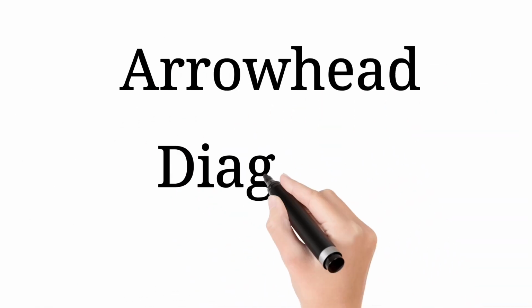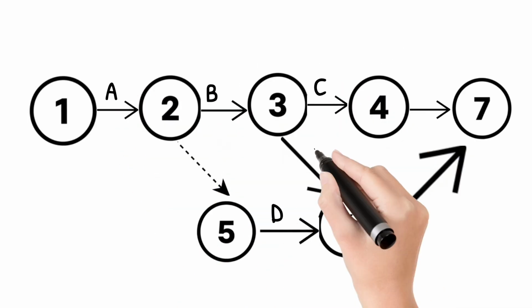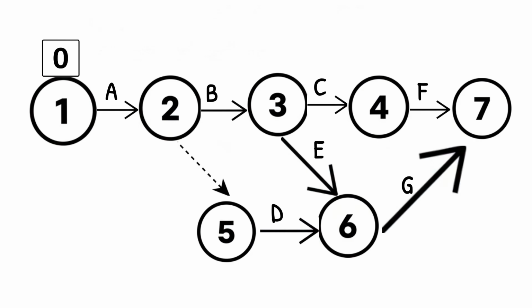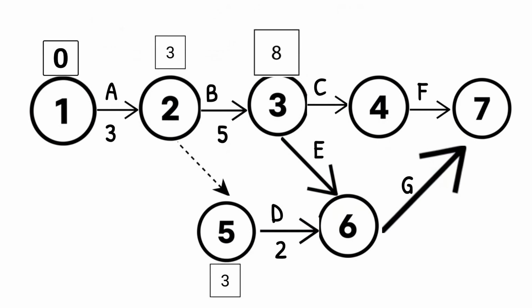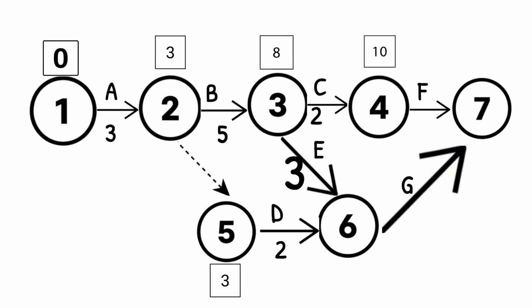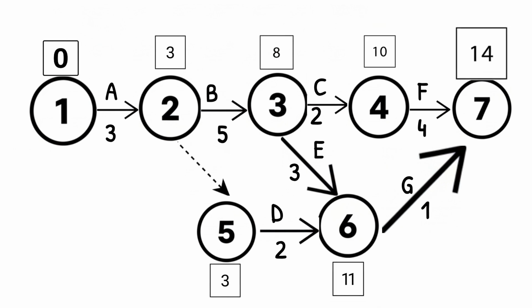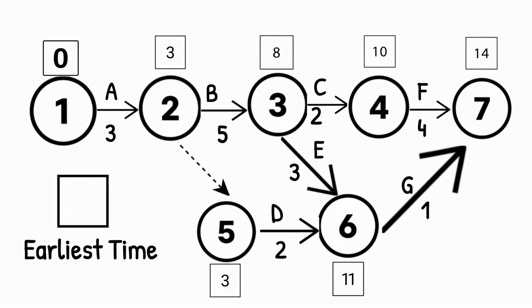Now, how do we analyze this? We perform two passes. First, the forward pass. We move from start to finish, adding activity durations and putting them in boxes. The sum at the end of an activity is its earliest start time.